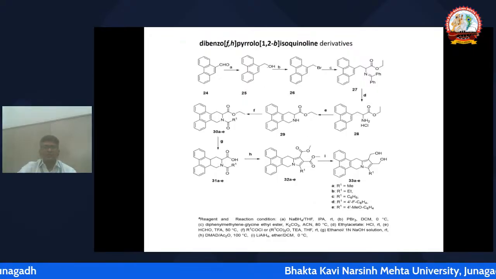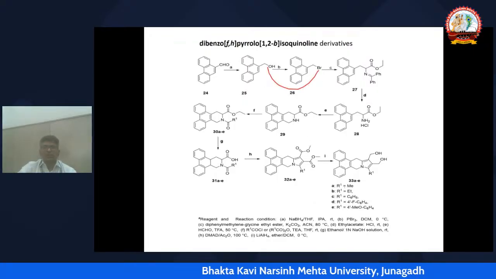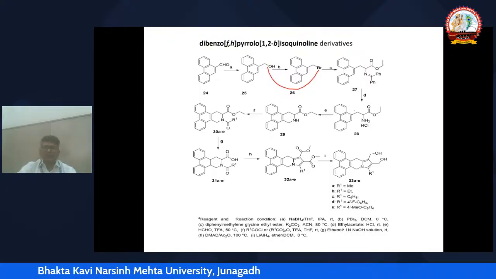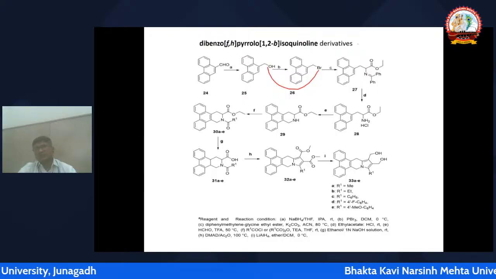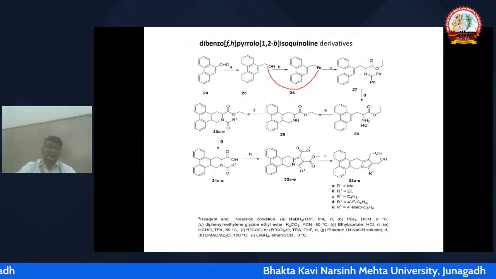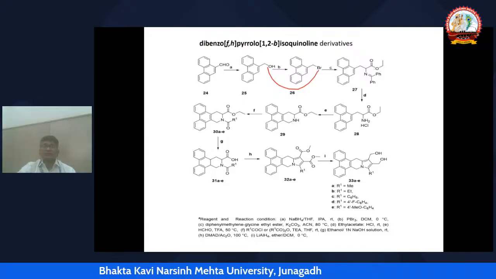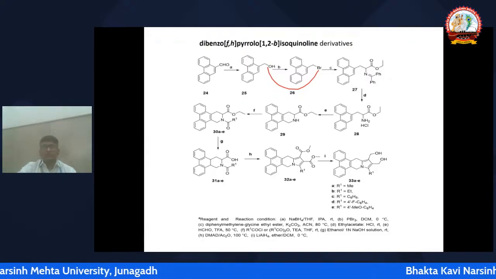This alcohol later is converted to the bromide by using PBr3 in dichloromethane. Now this compound number 26 reacts with the protected glycine derivative, protected through benzophenone. So it gives compound number 27.